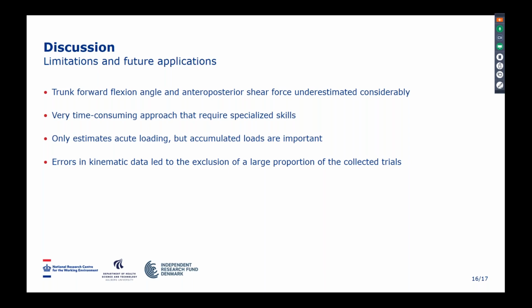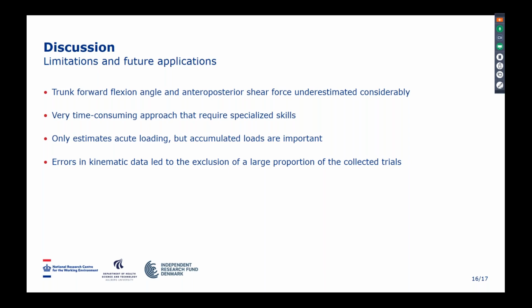So this means that especially when we were analyzing lifts which involved very narrow small boxes, because of an error in the estimation of the hands, sometimes the hands would even be almost on top of each other, meaning that the load would not have the correct position at all, which actually meant that we had to exclude most of these types of trials.